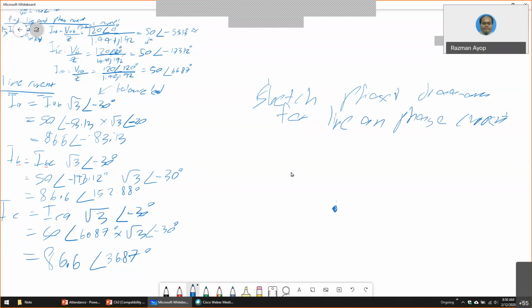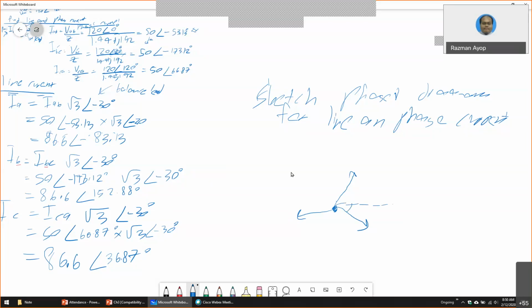So 50 angle negative 53, somewhere like this. Okay, this somewhere like here. Make it short, look at the magnitude. Then 66 somewhere like here. So this one is the reference.